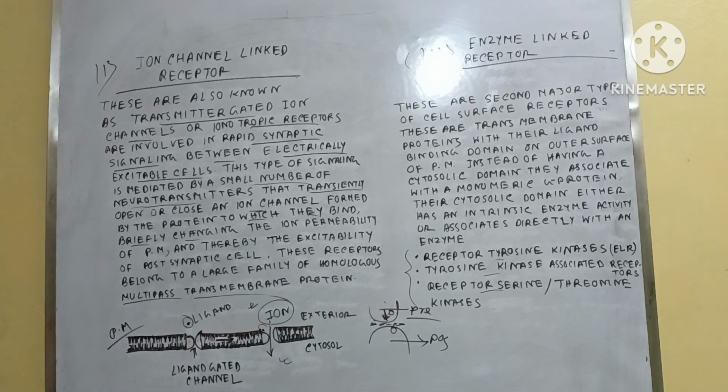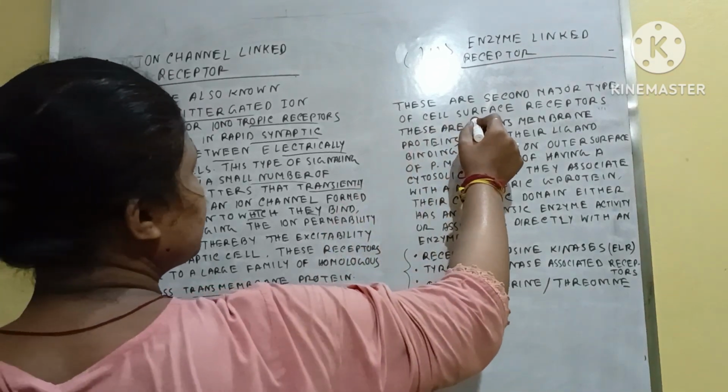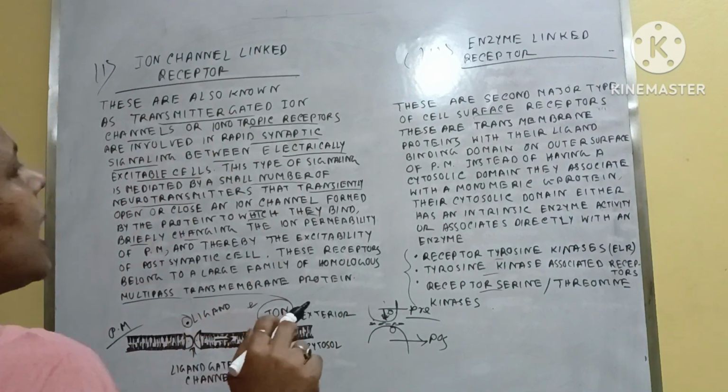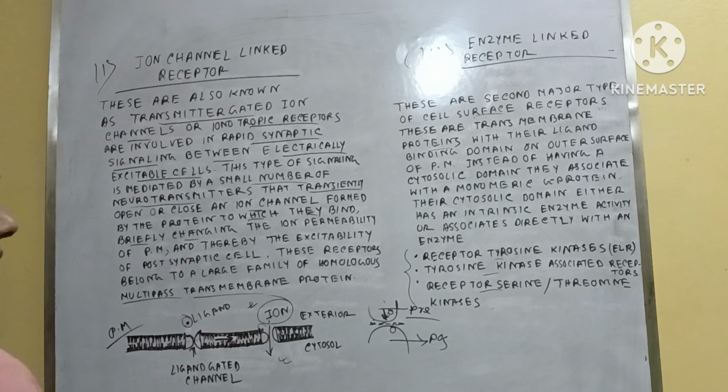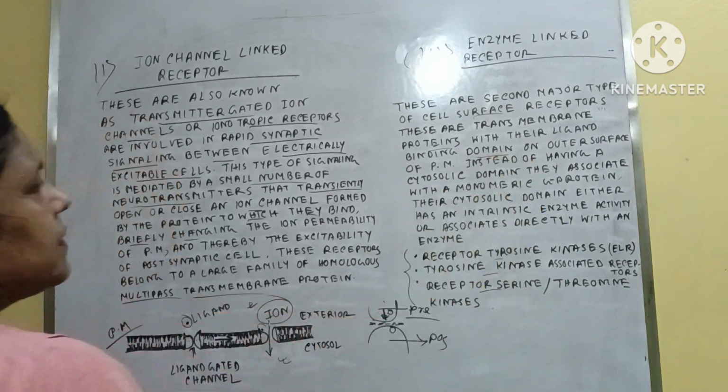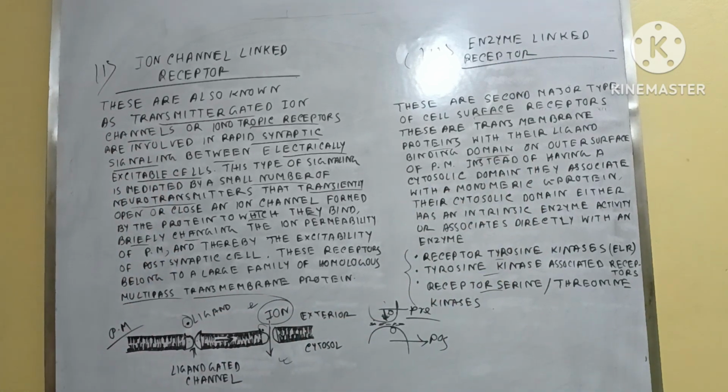These are the second major type of cell surface receptor, just like the GPCR, and they are transmembrane proteins with a ligand binding domain on the outer surface of the plasma membrane.